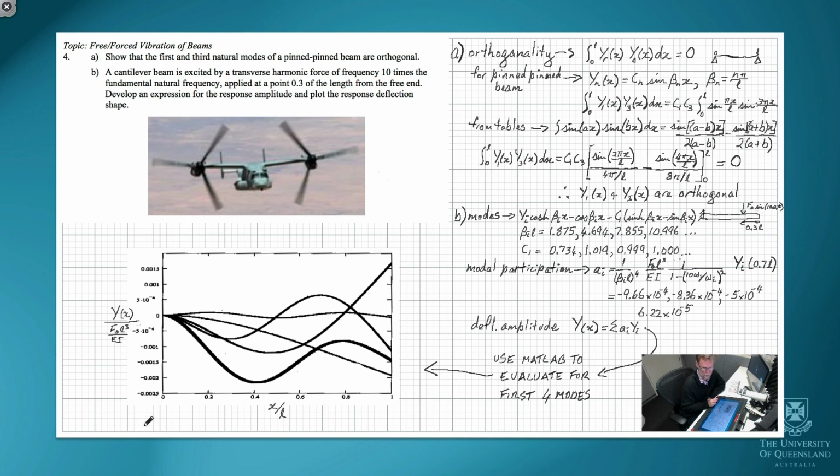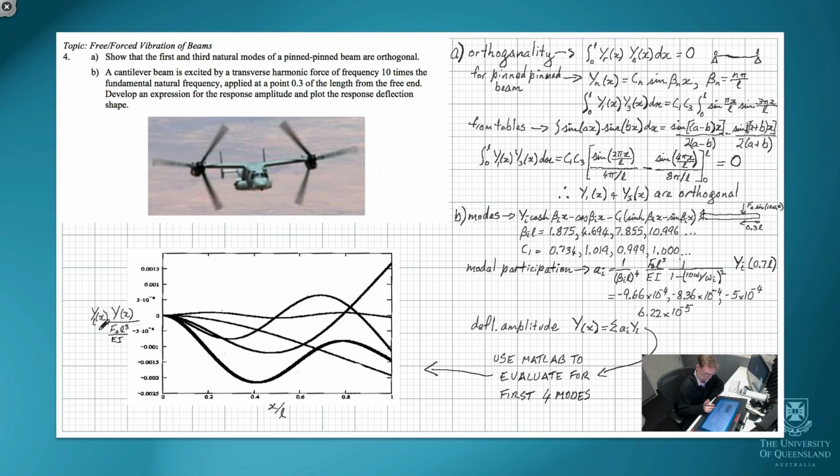And we'll also plot the contributions to that y of x. So I'll just put a comma representing the fact that the thinner lines here referred to each of the contributions from each of the modes.